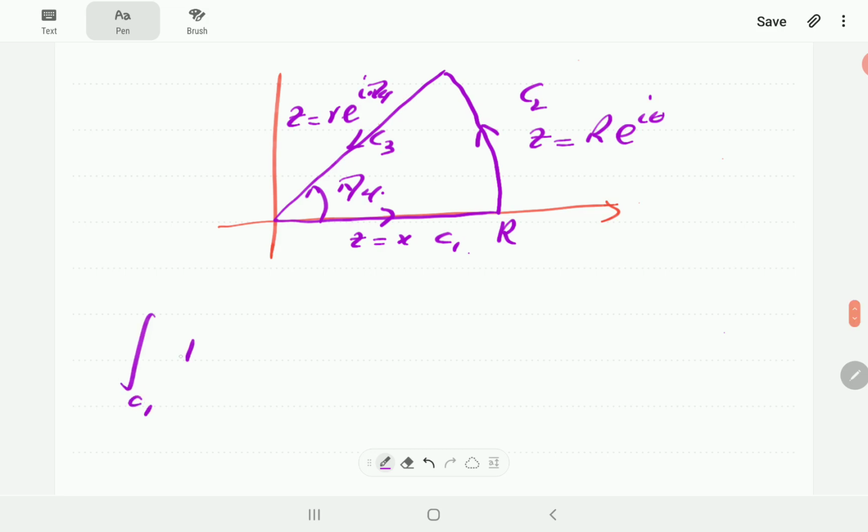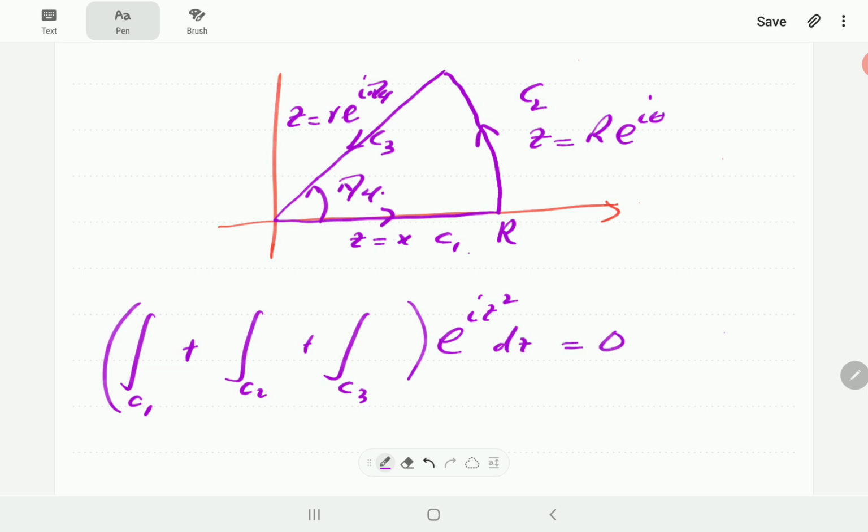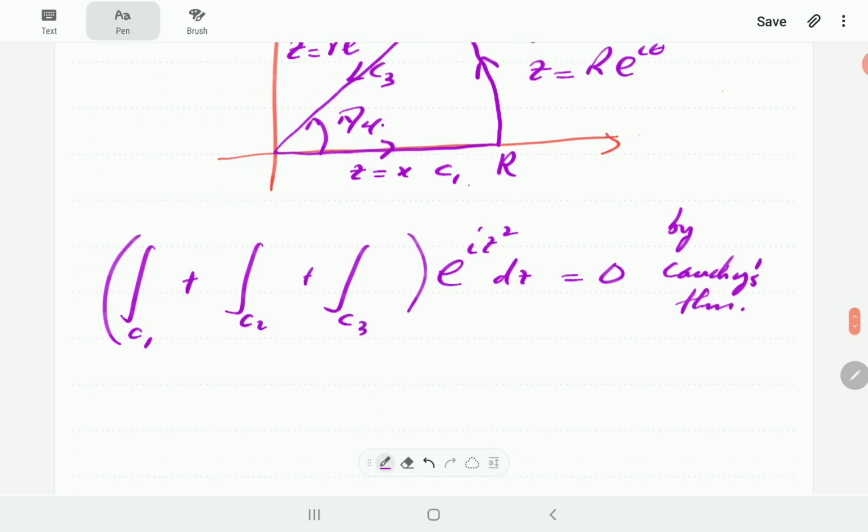So the integral along C1 plus the integral along C2 plus the integral along C3 of e to the i z squared is going to be 0, by Cauchy's theorem.